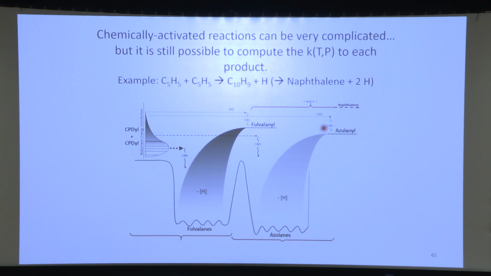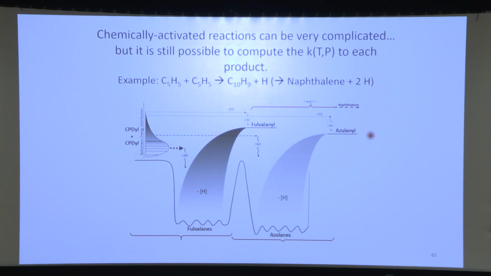And those things can kick out H's to form azulanyl radicals. And so you get all of them. So if you react this C5 plus C5, you get a ton of different products, some of them stable, some of them radicals.